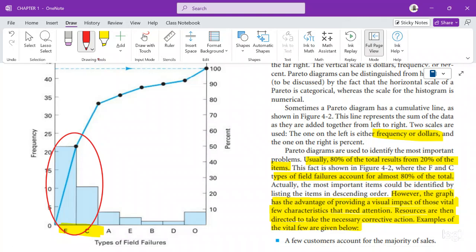It says 80% of the cost is contributed by 20% of the items. So it becomes the 80-20 rule. How so? If you look at these values here, there are 2. So 1, 2, 3, 4, 5, 6, 7. 2 over 7, how much is that?